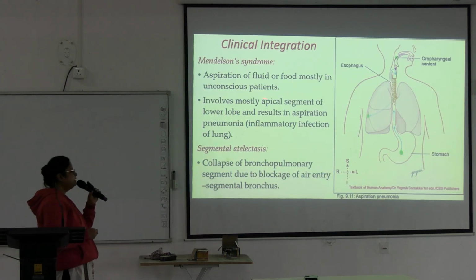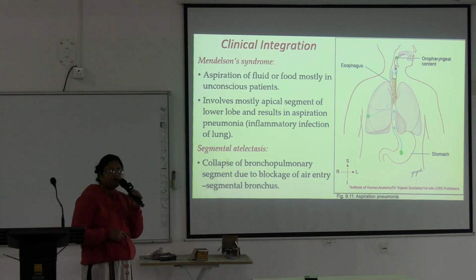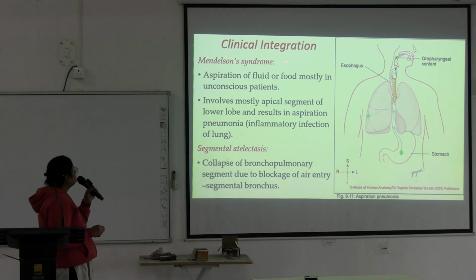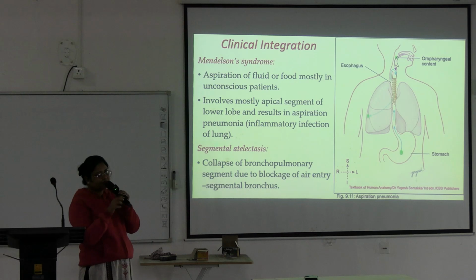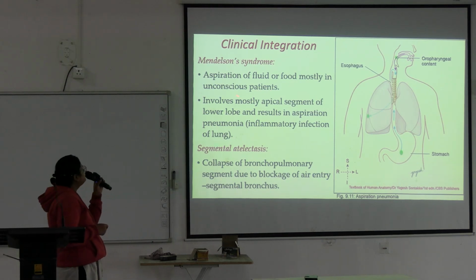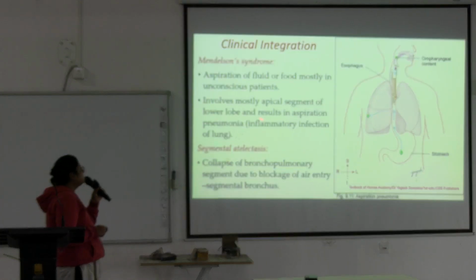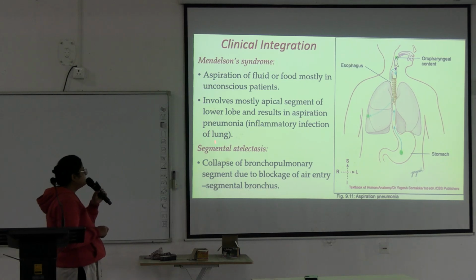Next we go to Mendelson's syndrome. What is Mendelson's syndrome? It comes as a short note. Not very frequently, but it comes as a short note. Bronchiectasis can also come as a short note and is important. Mendelson's syndrome is aspiration of fluid or food, mostly in an unconscious patient, involving mostly the apical segment of the lower lobe and resulting in aspiration pneumonia, that is inflammatory infection of the lung.